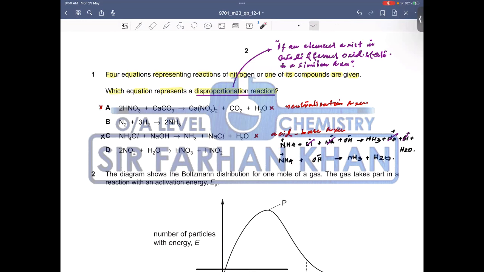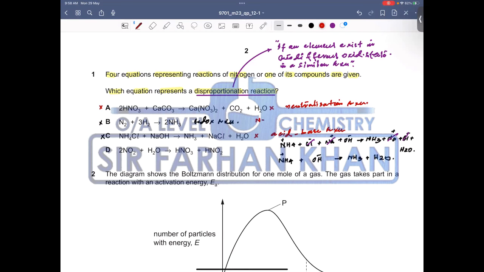Now in option B, nitrogen is a diatomic molecule. It is neutral. Its oxidation state is 0, whereas in this ammonia molecule, nitrogen has an oxidation state of -3. So nitrogen is basically being reduced in the reaction. So again, it is incorrect because it is a redox reaction. Why is it a redox reaction?